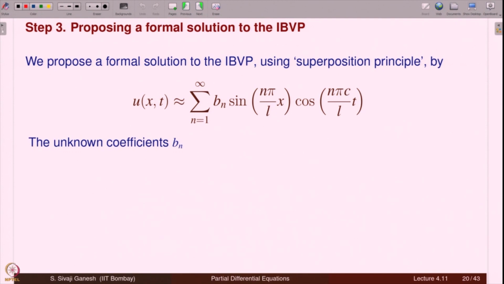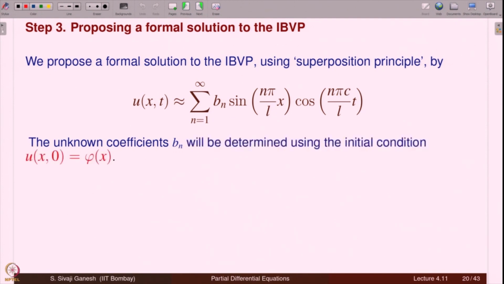So, the unknown coefficients, what are these bn's? That also we should have an idea, and they will be determined using the initial condition ux 0 equal to phi x. Recall that we have considered psi equal to 0. If we had not considered psi equal to 0, what we would have here is sin n pi by l x into bn cosine of n pi c by l t plus cn sin n pi c by l into t.